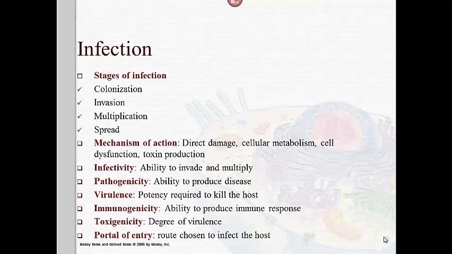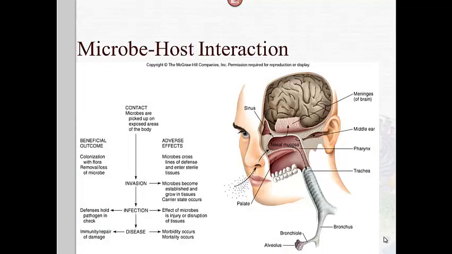What is port of entry? It's basically the route that the microorganism has chosen to infest the host. This is just to illustrate the host interaction with the microorganisms. Basically, they get in contact with the microorganism by any of the exposed area or port of entry.